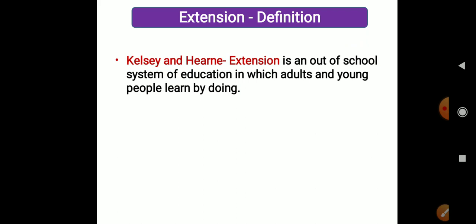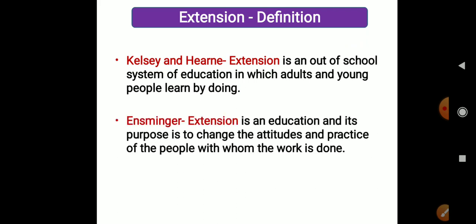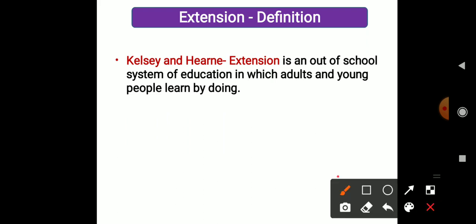School system of education means there are rules and regulations, a timetable, a syllabus, examinations, and compulsory attendance. That we can refer to as a school system of education. So extension is out of that system, in which adult and young people learn by doing. So that is extension.